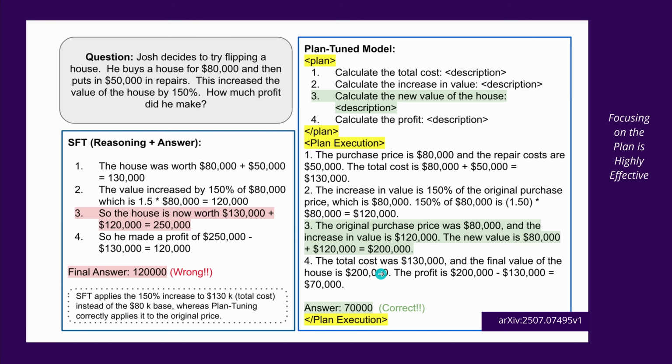Now, remember the reduction of complexity is essential to finding the best solution. And here, if we know what to do, we know the steps that we have to do, because they are coming from GPT-5, for example, the execution is now much easier for this small language model, because it just follows steps 1, 2, 3, 4, and just fills in the numerical values and performs the operation plus, minus, and whatever. It could, of course, use a tool, but we just want to see the inherent parametric knowledge. And plan execution comes to the correct answer.